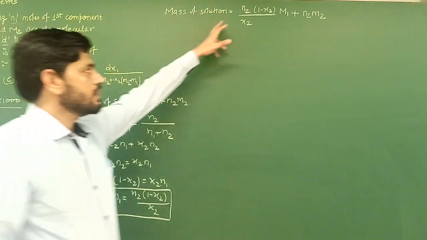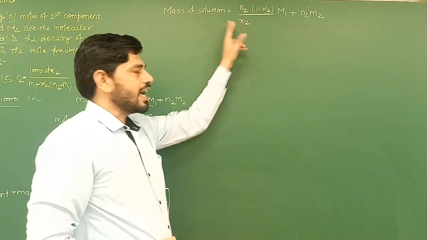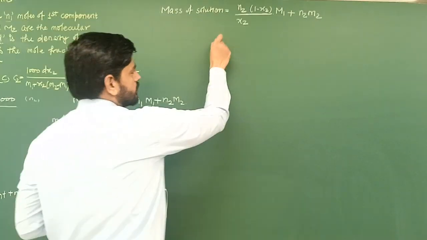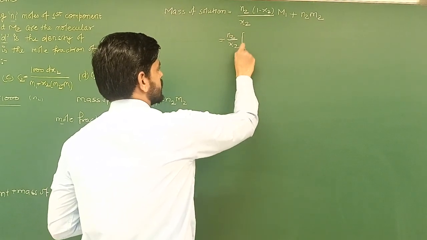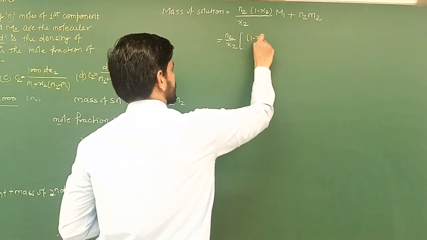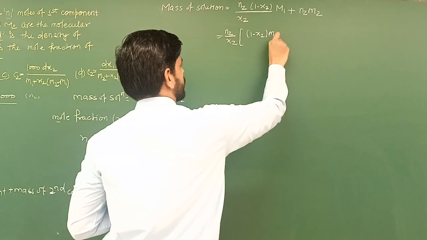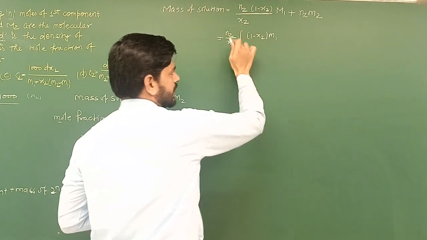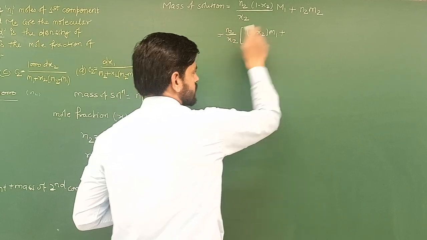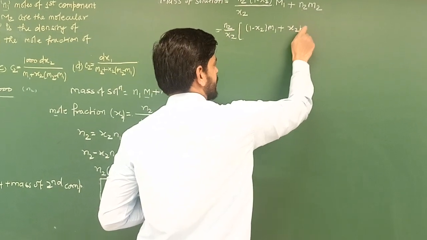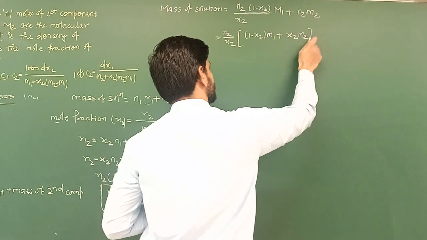From there, we can take N2 as common and X2 also as common. So when we write this N2 divided by X2, this sum is equal to 1 minus X2 into M1, because N2 by X2 is taken as common, plus from here N2 is taken as common but 1 upon X2, therefore this is multiplied by X2 into M2.